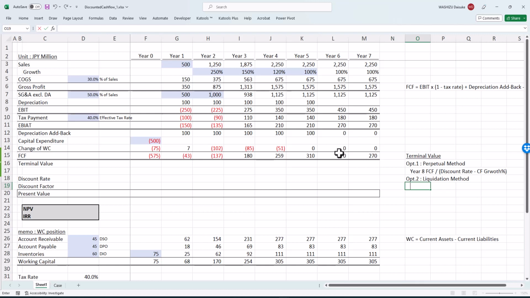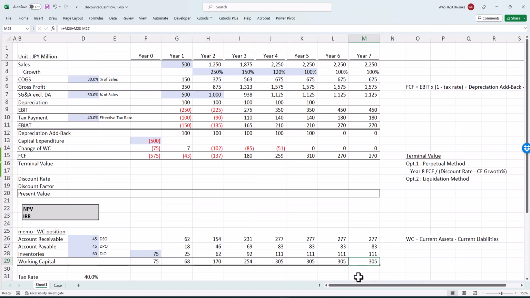So we close the project, so we don't need the fixed asset anymore. Also, at the end of the projection, we still have the working capital, right? Based on this financial analysis, we expect to have 305 million of working capital remaining at the end of year 7. How do we deal with that?